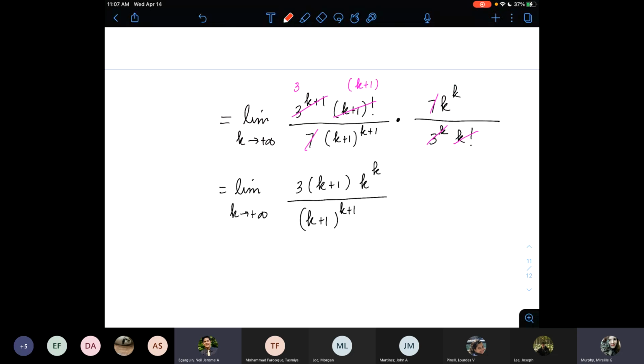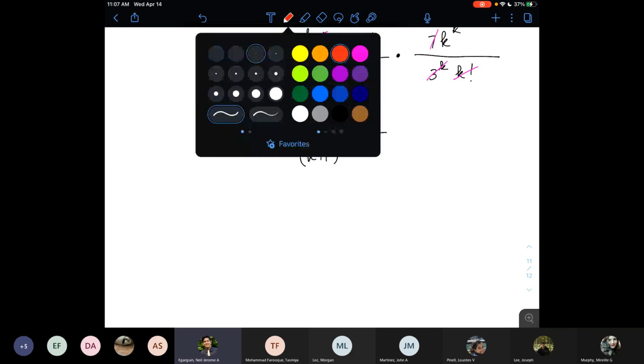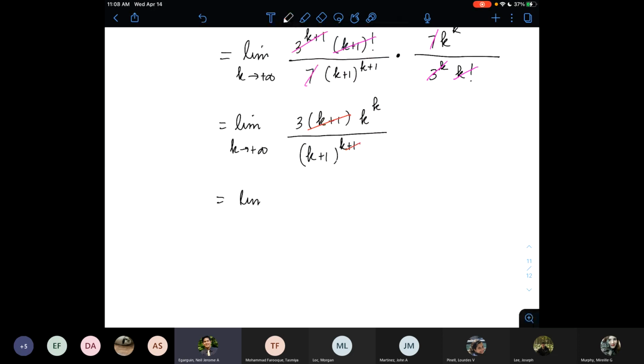Exactly, yeah. So here we see that we forgot to cancel one thing. The k+1 here will be canceled by one of the k+1s in the denominator. So essentially what we'll have after that cancellation is 3 times k to the power k all over k+1 to the power k as k approaches infinity. All right.